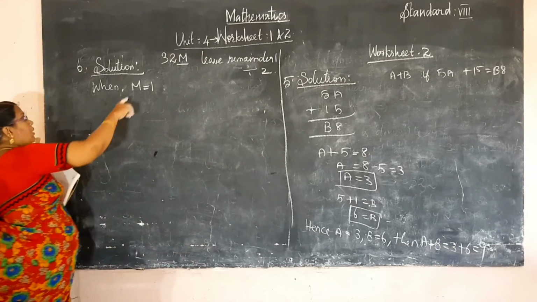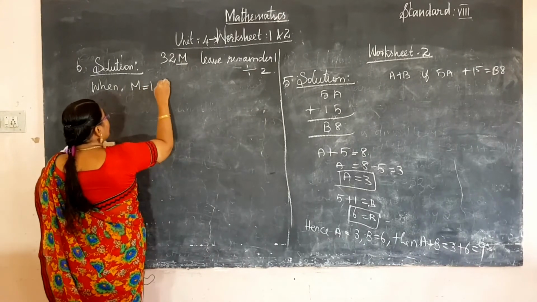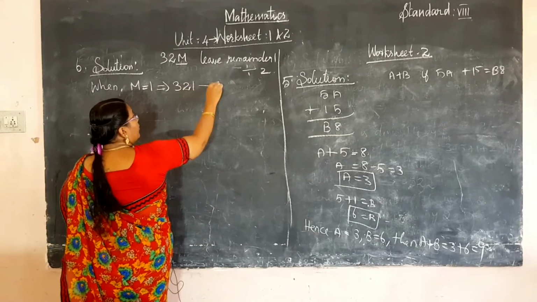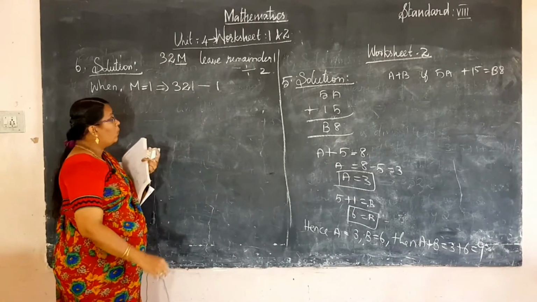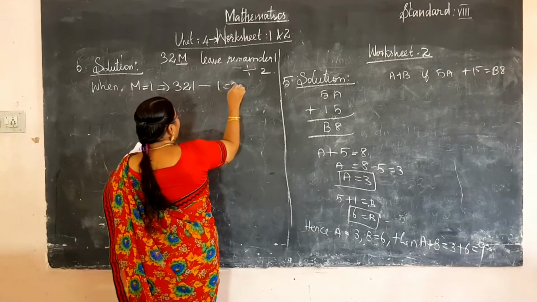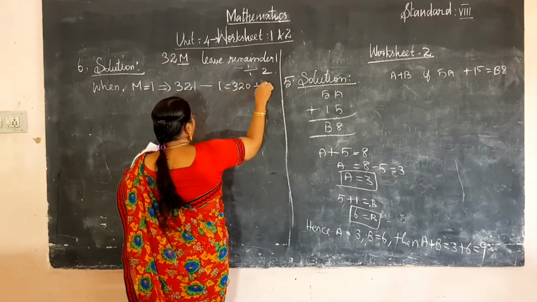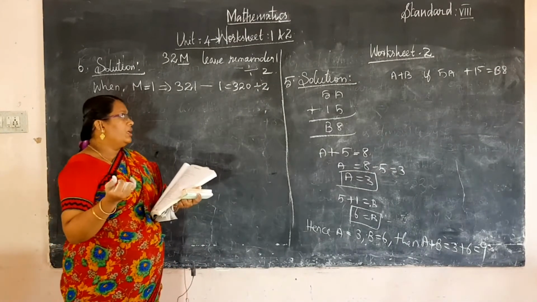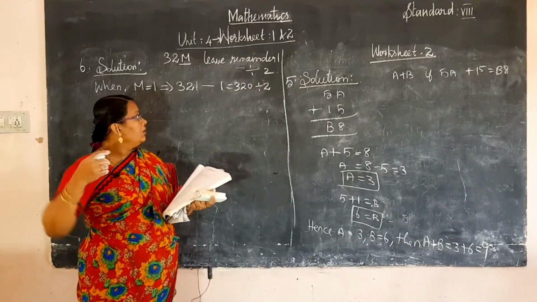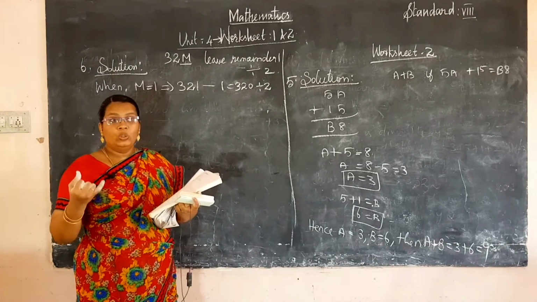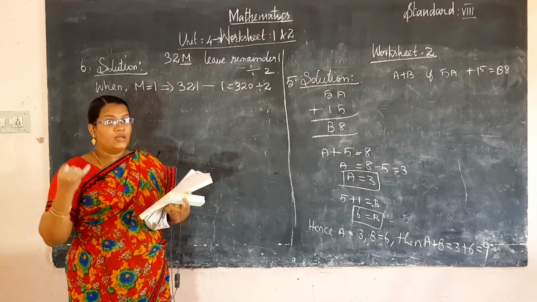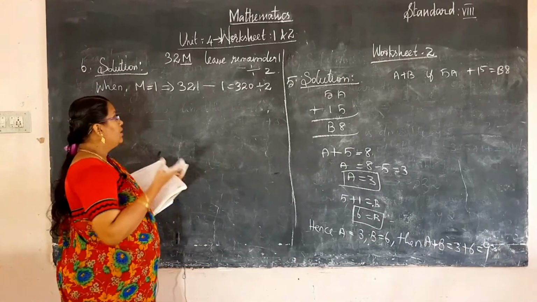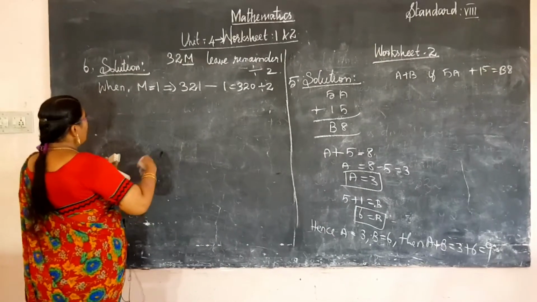Okay, so apply the value as 1, we get 3 to 1. Leave the remainder, so subtracted 1, we get 320. Is this possible to divide? Yes. What are the possible for the divisible by 2? The ones digit is 2, 0, 2, 4, 6, 8. Okay. So, this is possible.